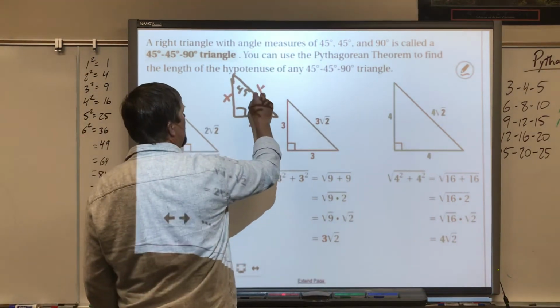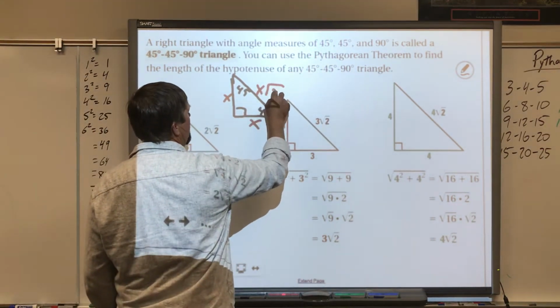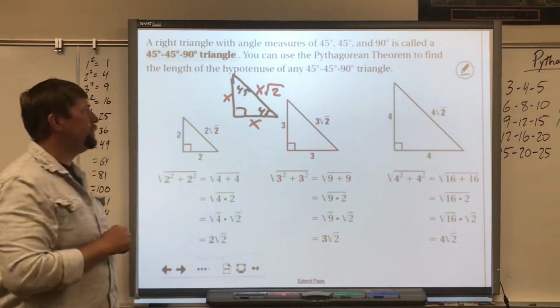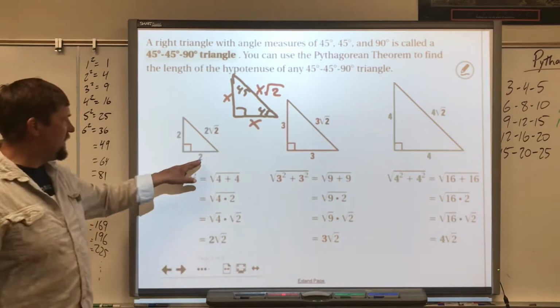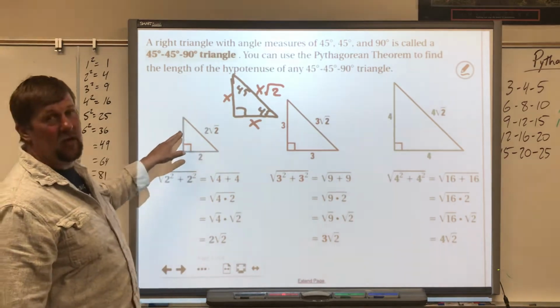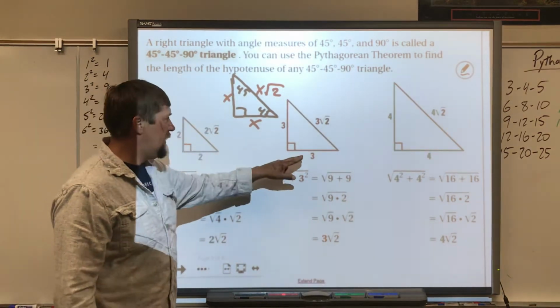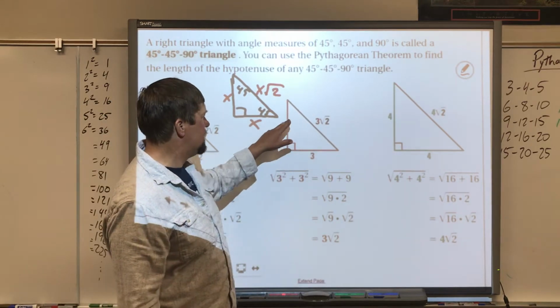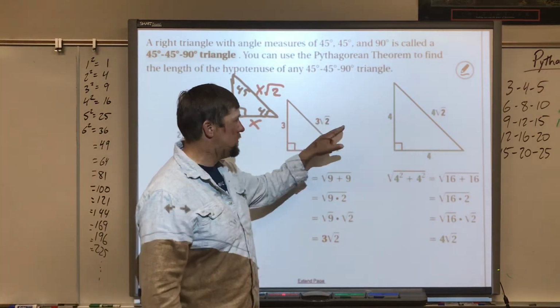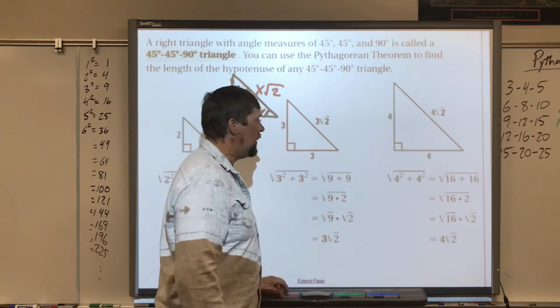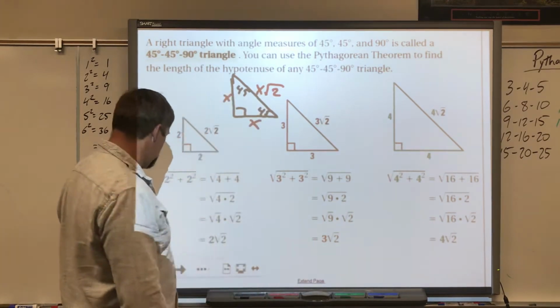This value is that number times the square root of 2. So if this side was 2, this side's also 2, and this side is 2 square root of 2. Same with 3: 3 and 3 and 3 square root of 2. 4 and 4 and 4 square root of 2.